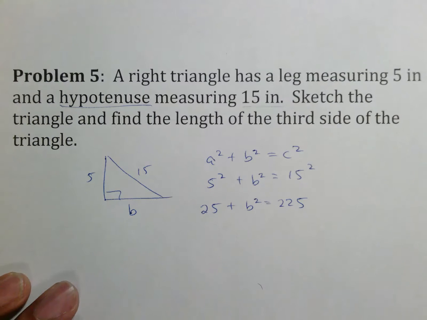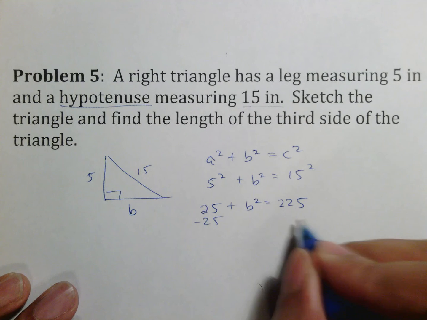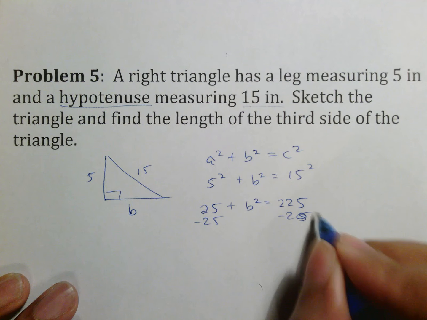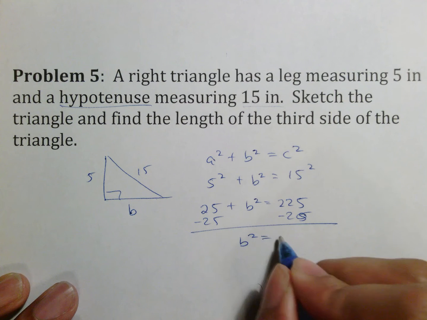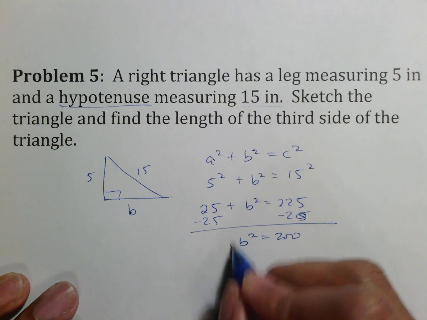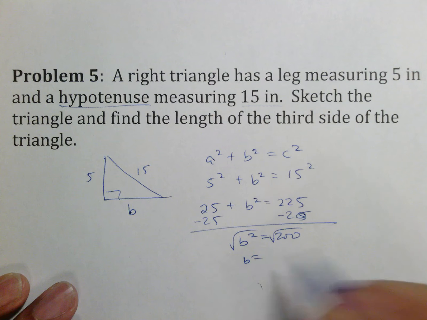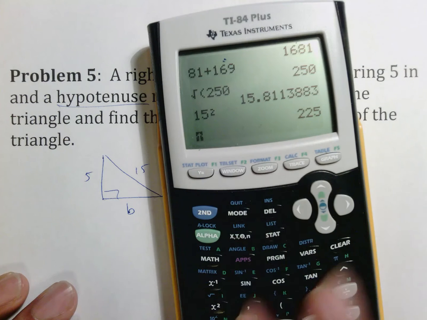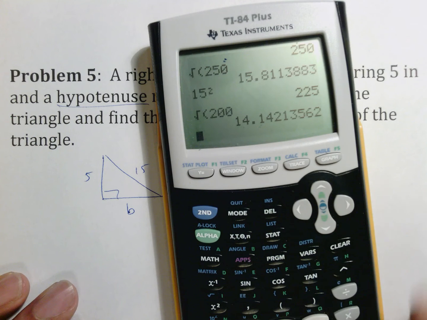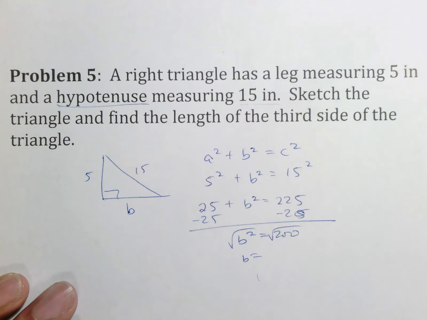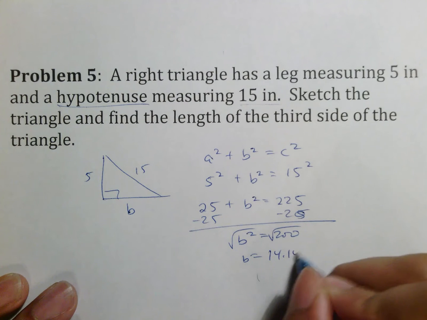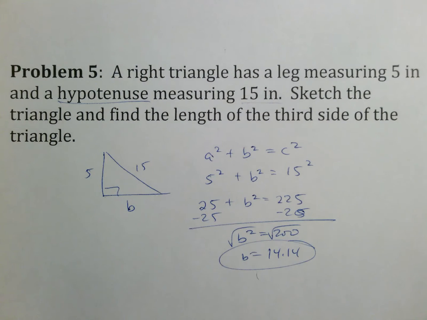Yep. Now we get rid of the 25 by moving and subtracting it, getting b squared equals 200. Then we square root both sides. Square root of 200 is 14.14. And that is where you can stop.